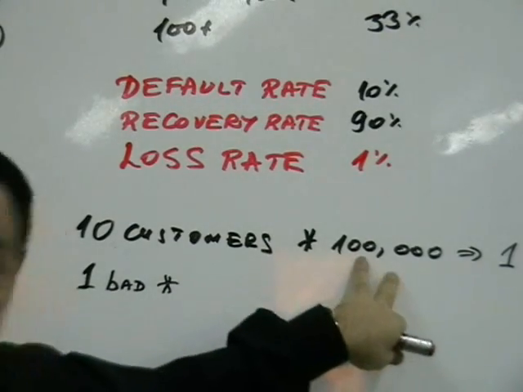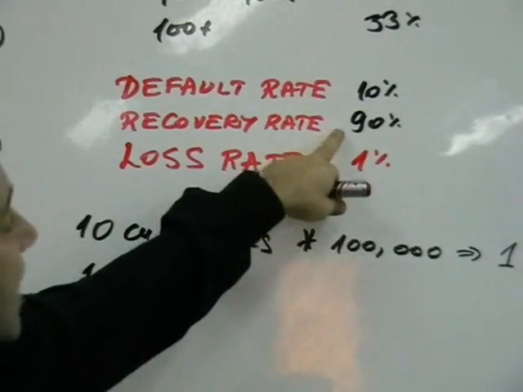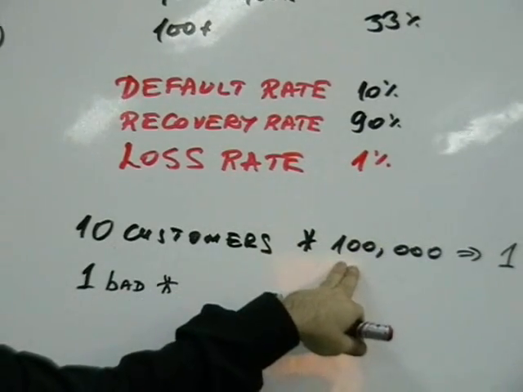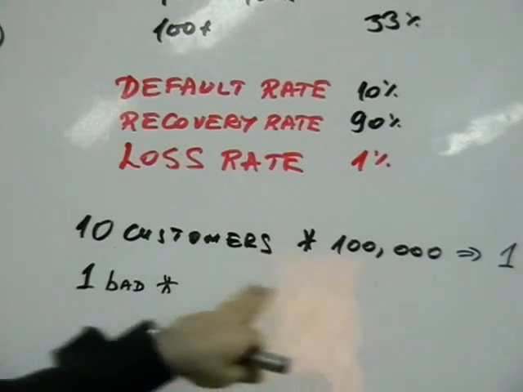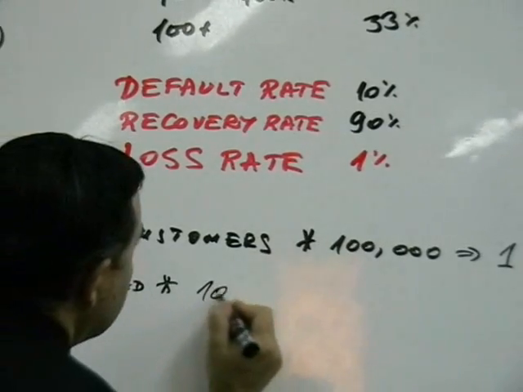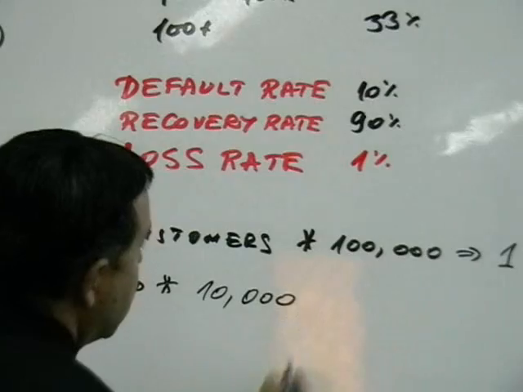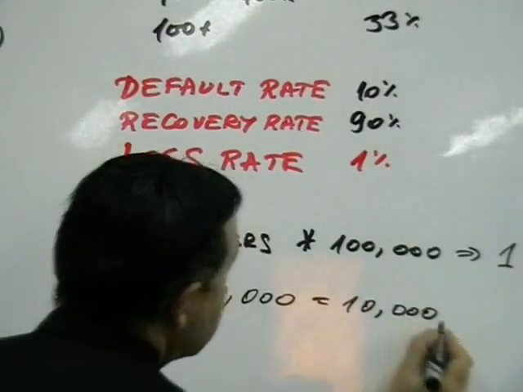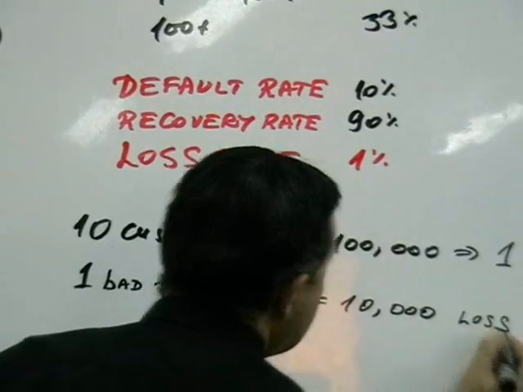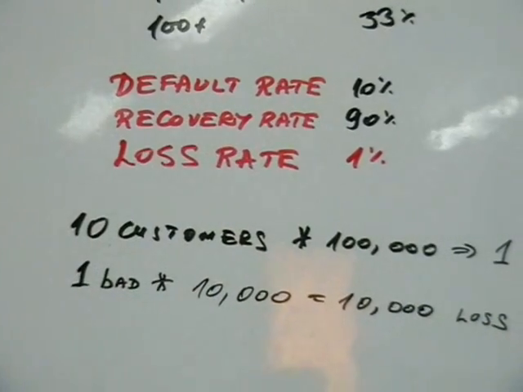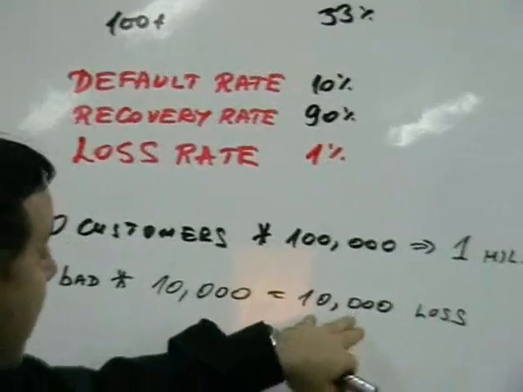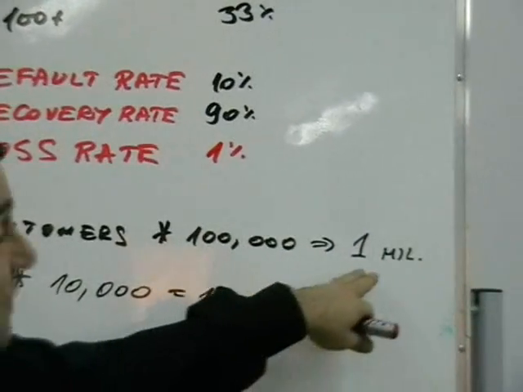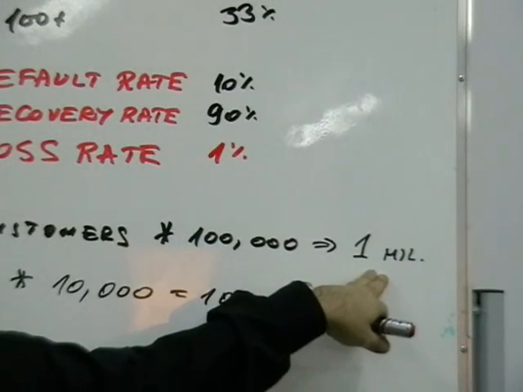You lend him 100,000, you recover 90%, which is 90,000. So you're going to lose on this particular customer only 10,000. So the loss rate will represent the 10,000 actual loss divided by the original outstanding balance.